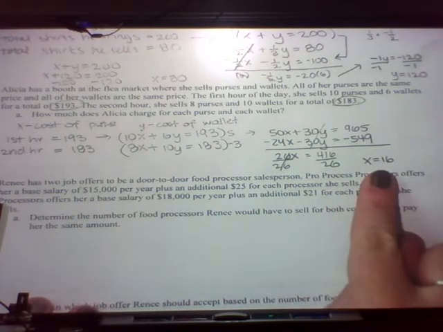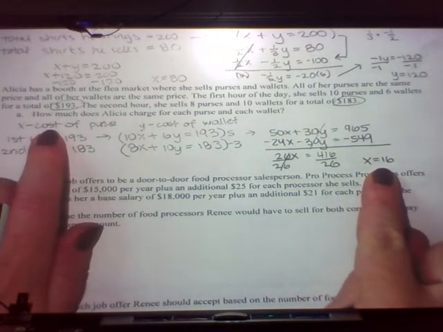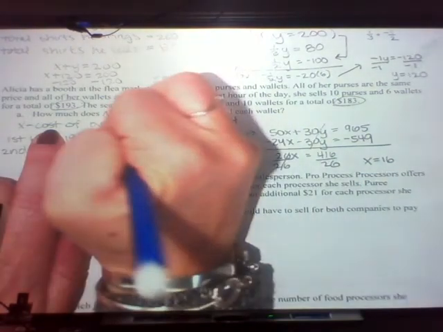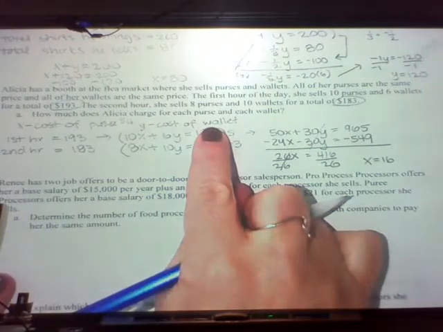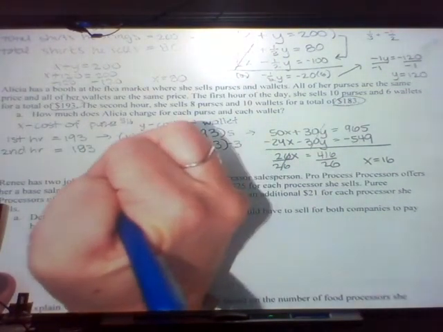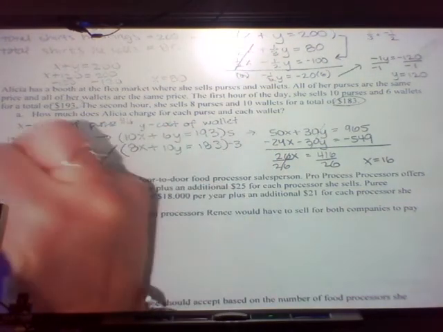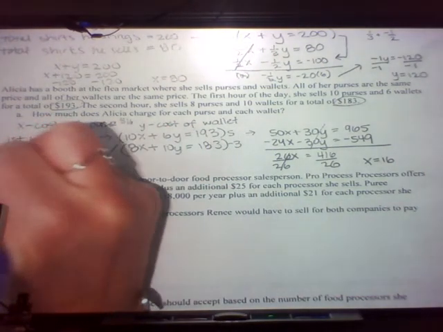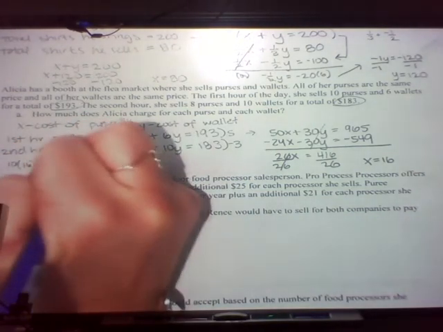So what did I just solve for? I go back. I found the cost of a purse. So the purse is $16. I now have to find the cost of a wallet. So I need to substitute back into either equation. It doesn't matter which one. So say I pick the first one. I'm going to have 10x, which x is 16, plus 6y is equal to 193.